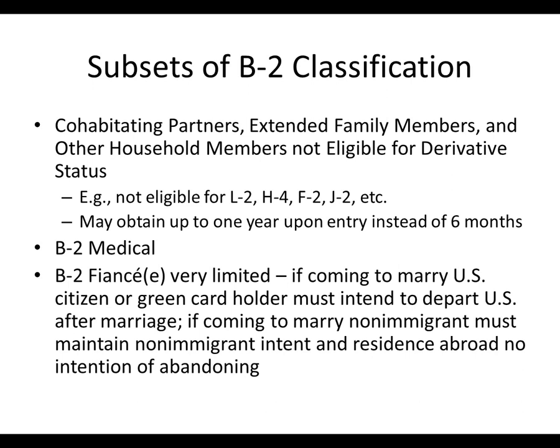So this was one small step for LGBT individuals, or at least same-sex married or partnered individuals of non-immigrants. Back in already 2001, the Department of State had this available.